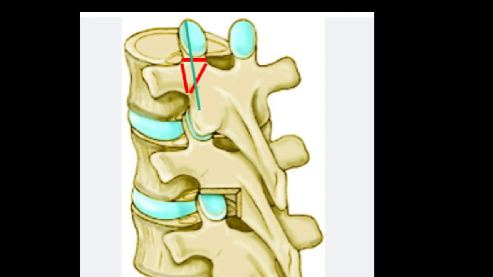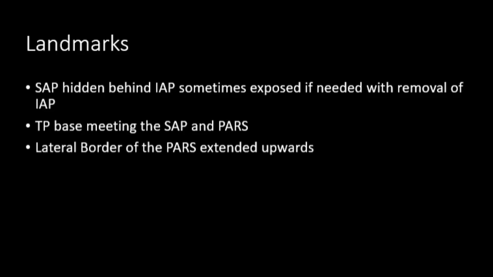Now they recommend an entry point along the line dividing the superior articular process one-third laterally and two-thirds medially, which is this blue line. So you can see that some papers are recommending a slightly medial entry point, some papers are recommending slightly lateral entry points.